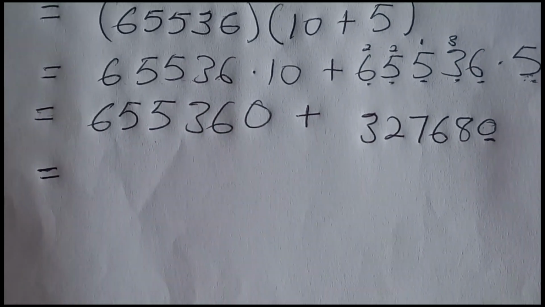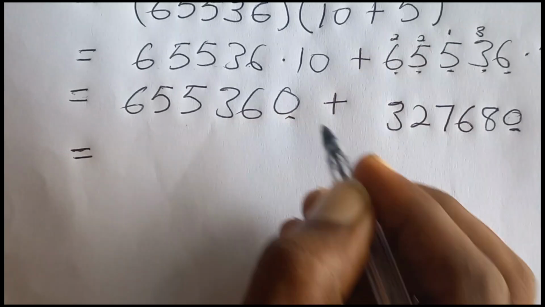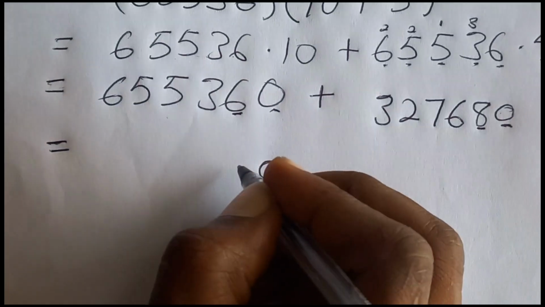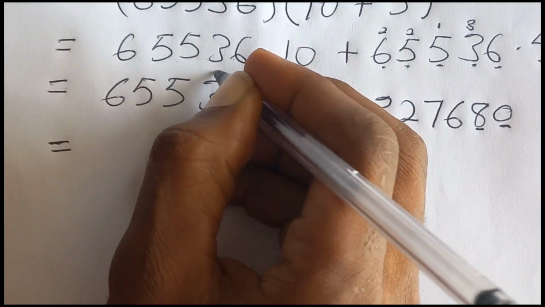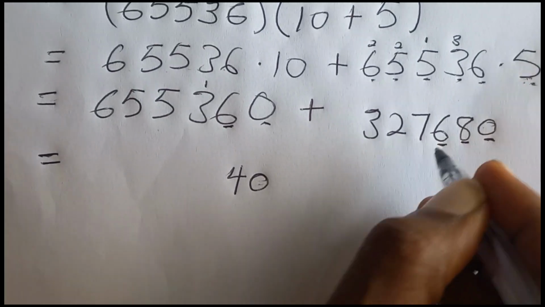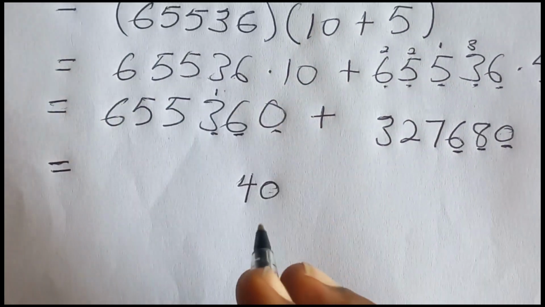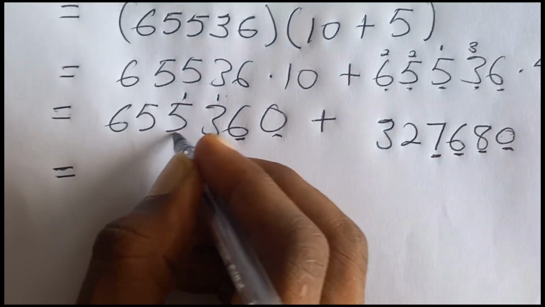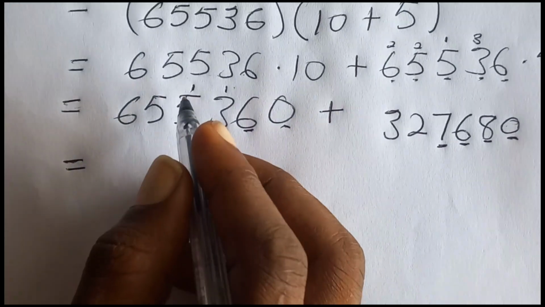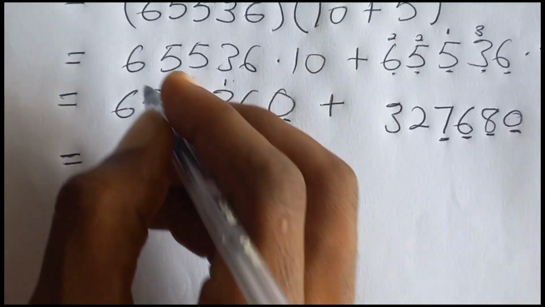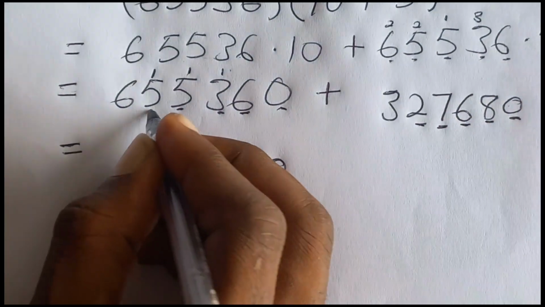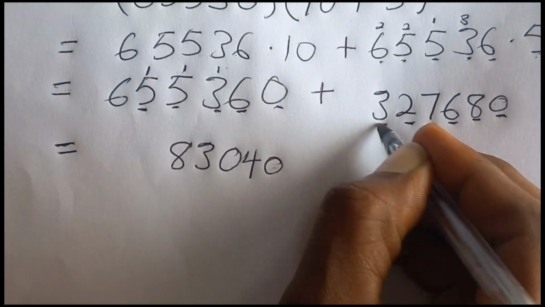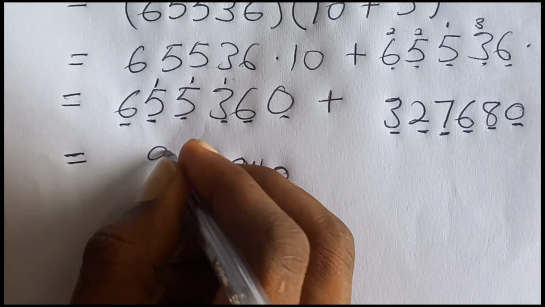Remember, you are not to use a calculator. 0 plus 0, you're getting 0. 8 plus 6 is 14, so 4, a remainder of 1. 6 plus 3 is 9, 9 plus 1 is 10, so 0, a remainder of 1. 7 plus 5 is 12, 12 plus 1 is 13, so 3, a remainder of 1. 2 plus 5 is 7, 7 plus 1 is 8. 3 plus 6, we are getting 9.